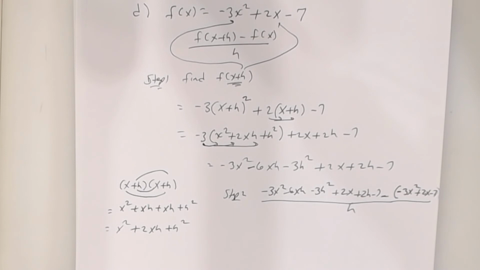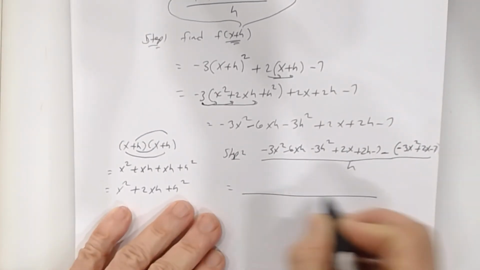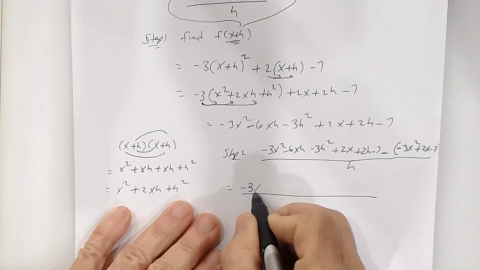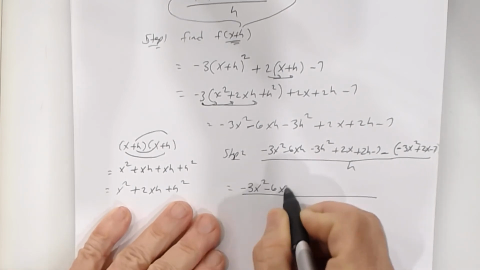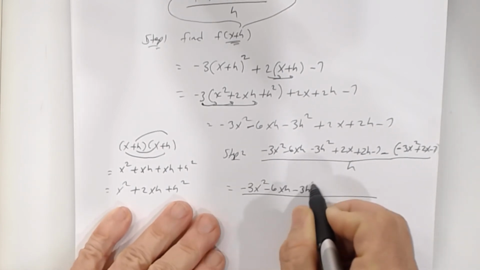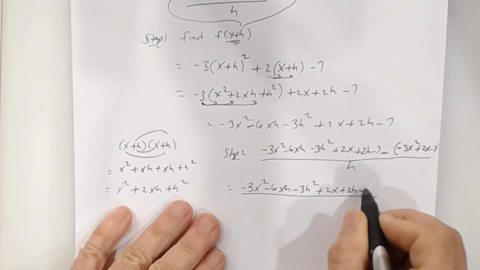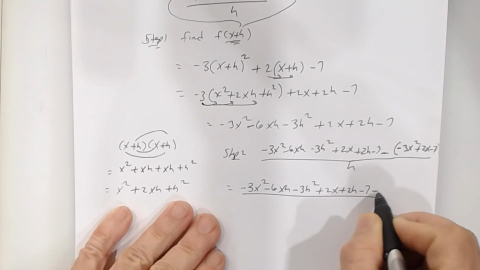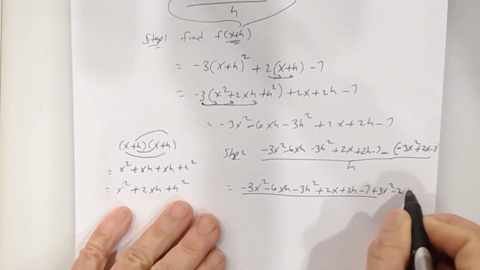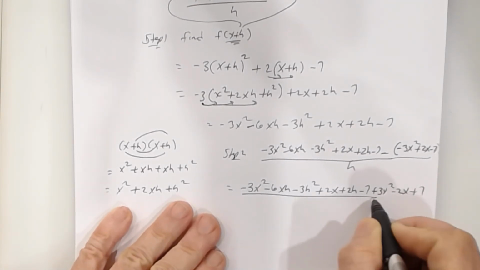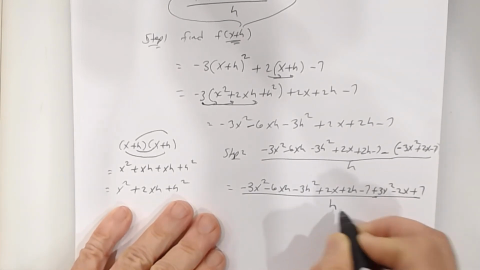What's the next step? Get rid of the parentheses, distribute the negative. When I do that, in the numerator I get -3x squared minus 6xh minus 3h squared plus 2x plus 2h minus 7, and then plus 7, all over h.